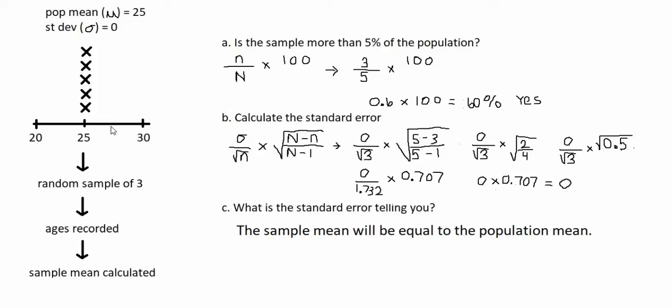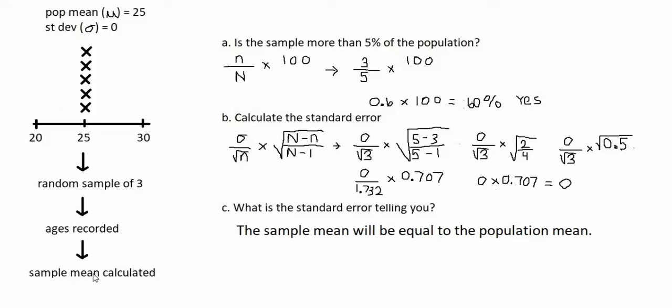That's because when you take a random sample from this type of population and you calculate the mean of the sample, the sample mean has to match the population mean. So in this situation, the sample mean has to come out to 25 and match the population mean, because when the person randomly selects 3 people, it's definitely going to be three 25-year-olds, and 75 divided by 3 would be 25.